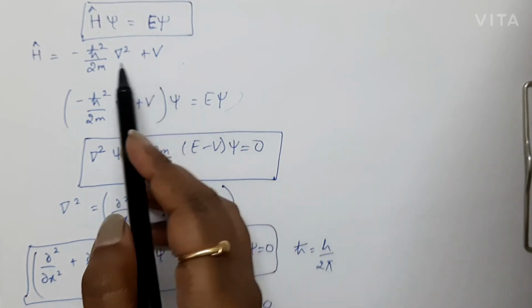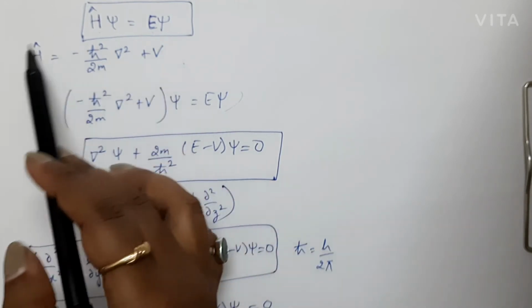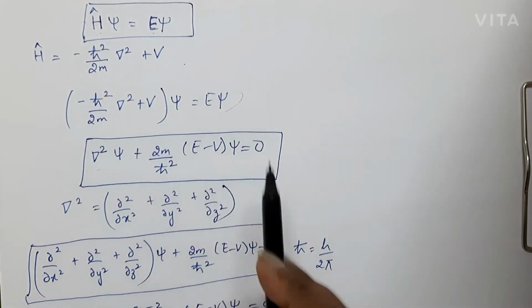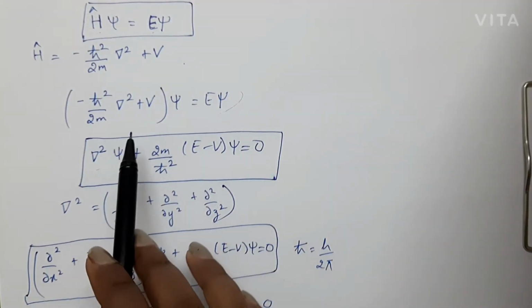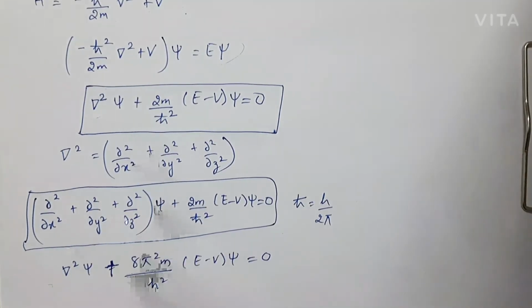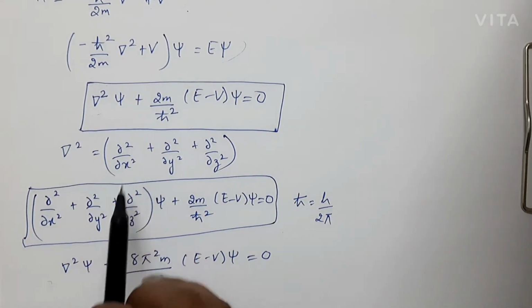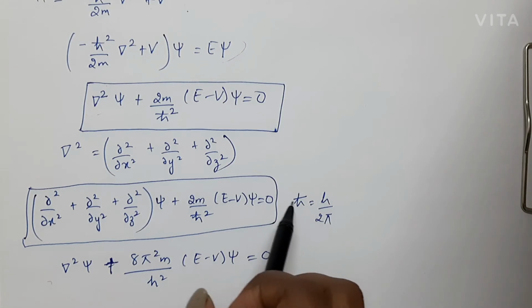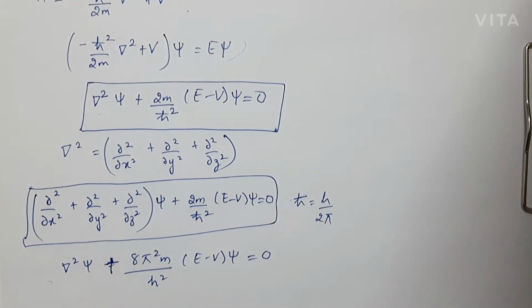Then after putting this value of the Hamiltonian in this equation and after rearrangement we get this equation. After substituting the values of del square we got this equation, and after substituting the value of h cross in this equation we got this equation.